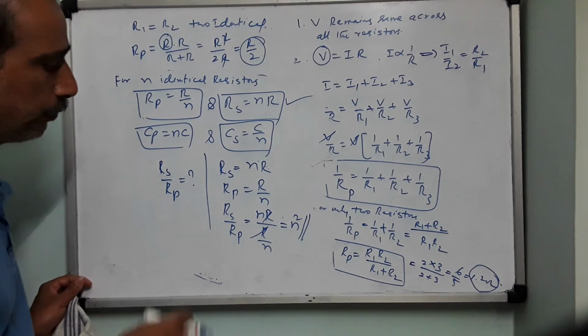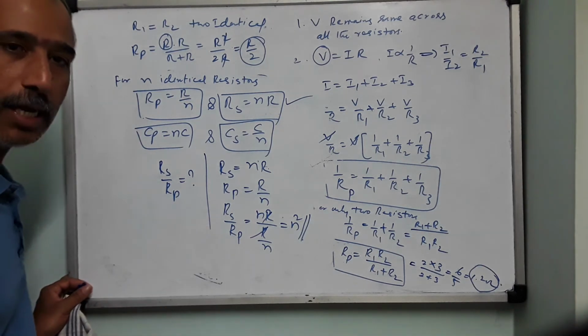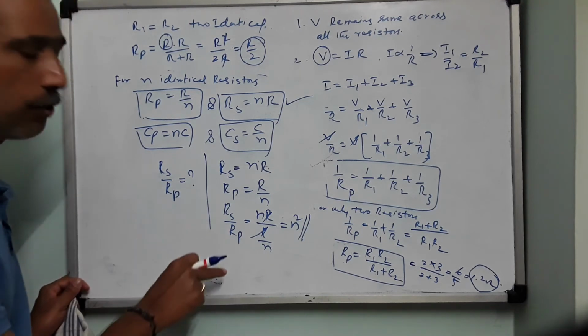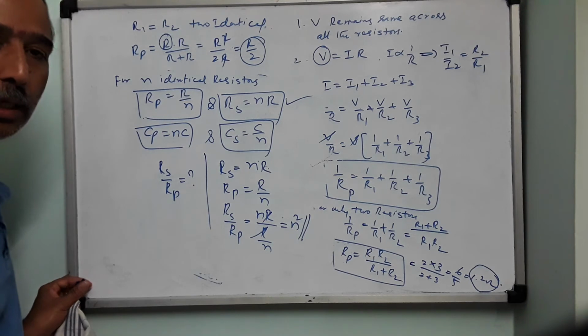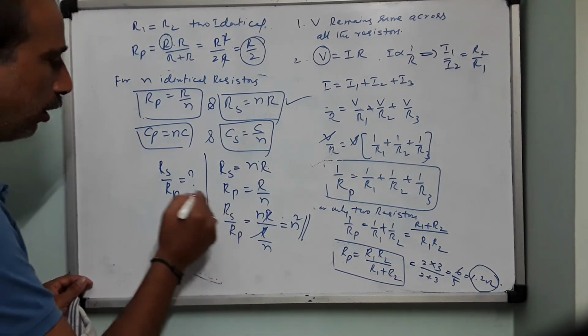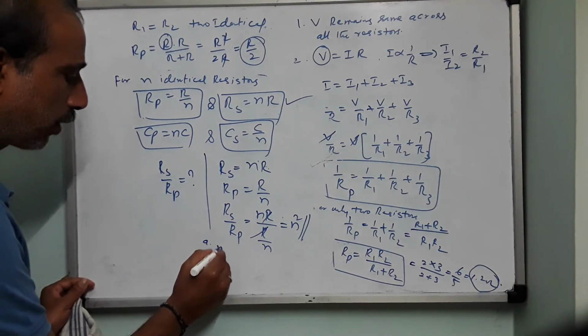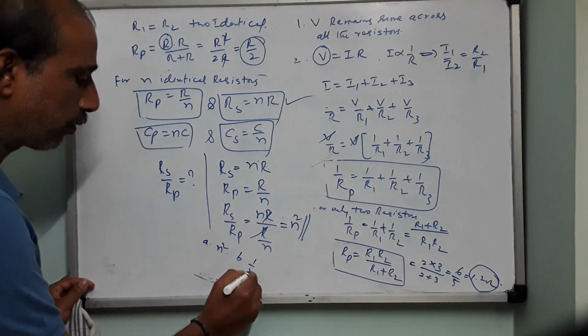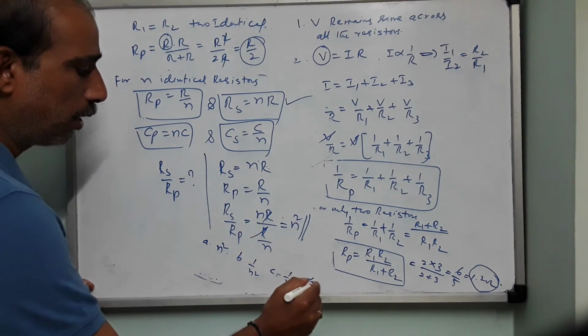You should be very careful in solving whether it is RS by RP. If it is asked RS by RP, then you have to do this only. If it is a 2 mark question or any explanatory subjective question, then no problem. But in an objective question, the options will be like this: A is n square, B is 1 by n square, C is 1 by n, D is n.